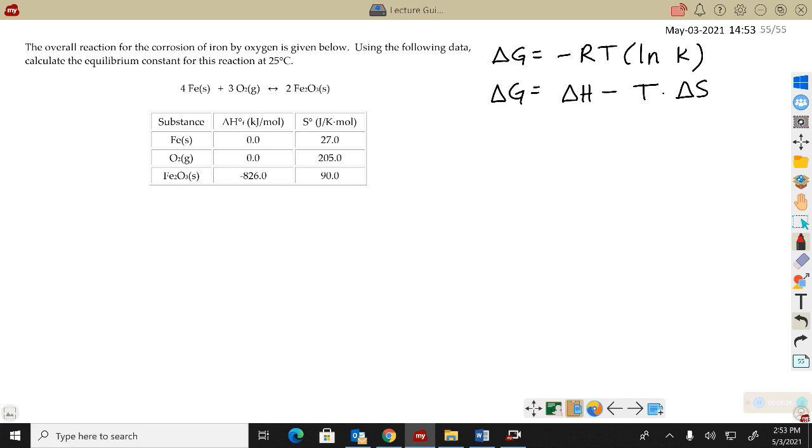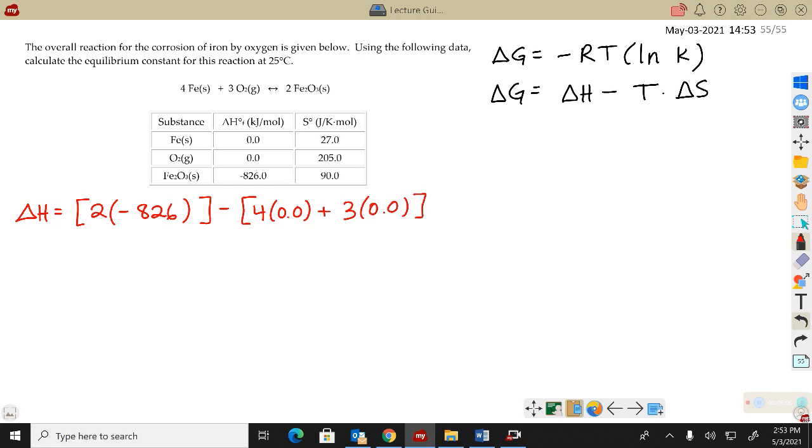Okay, let's go, delta H, products minus reactants. So my products will be 2 times that iron oxide, negative 826. I'll leave out the units and put them in at the end. Minus, now technically it's going to be 4 times 0 plus 3 times 0, because solid iron and oxygen gas are elements in their elemental state.